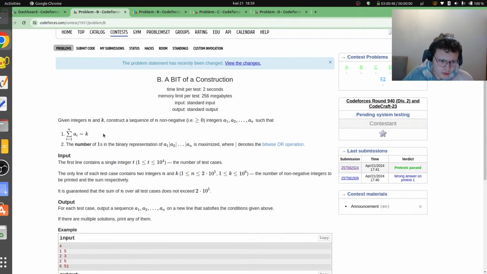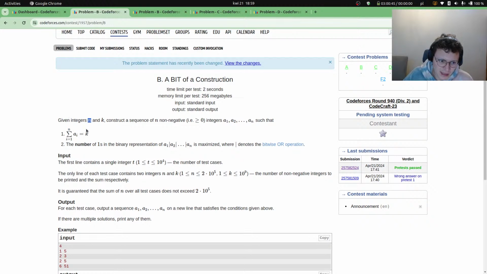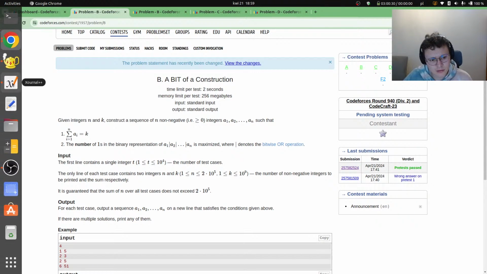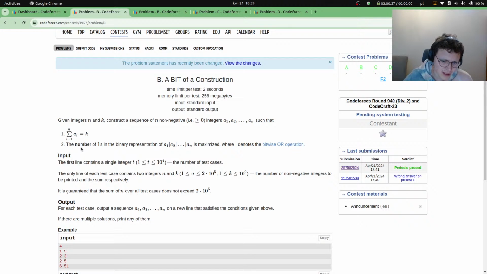So in this problem we want to construct a sequence of length n with sum equal to k, and we want this number of ones to be as large as possible.